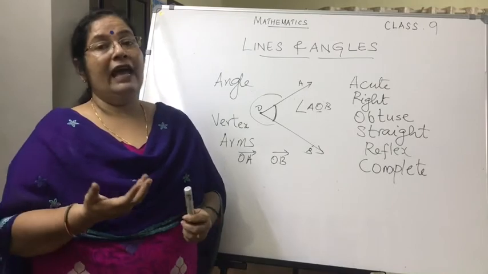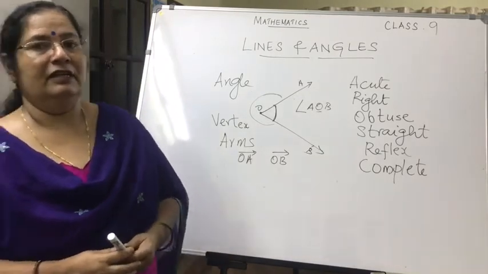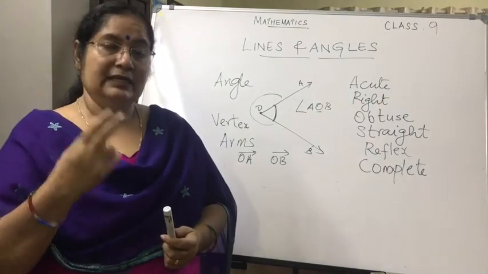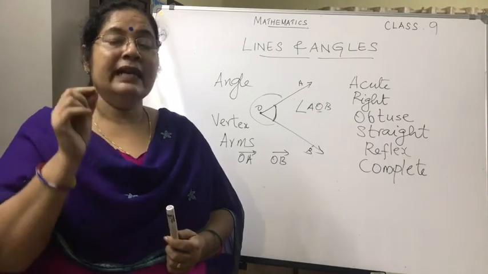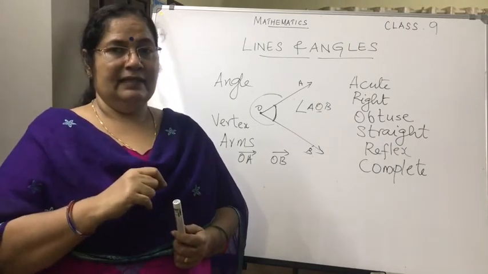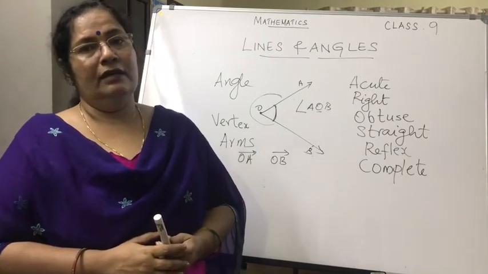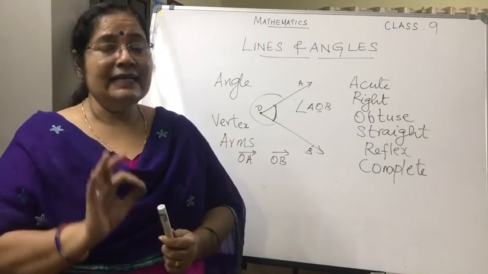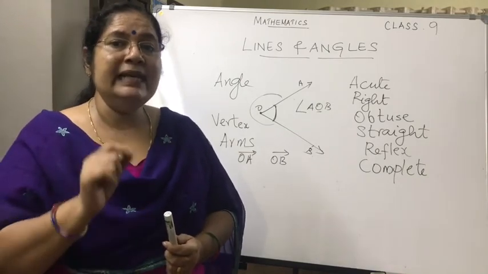Now we have angle pairs also. Different pairs we have learned. Pair means two angles. So two angles whose sum is 90 degrees, say 40 degrees and 50 degrees. If you take them together, what is the sum of those two angles? 90 degrees. Such angle pairs we call complementary angles.